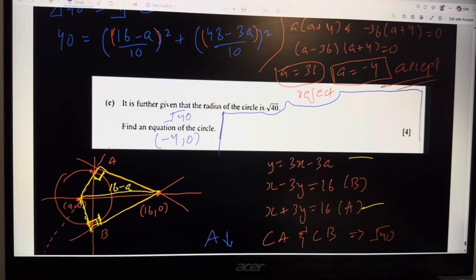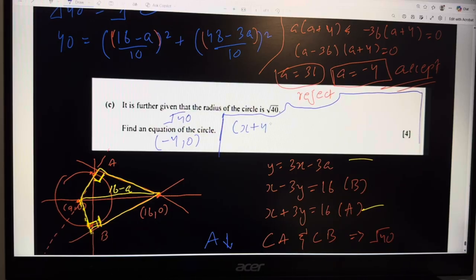So we know the equation: x minus a whole squared plus y minus b whole squared is equal to r squared. So this will become x plus 4 the whole thing squared plus y squared, 0 doesn't matter, is equal to 40. So this is our equation.